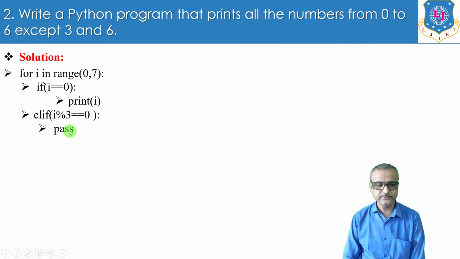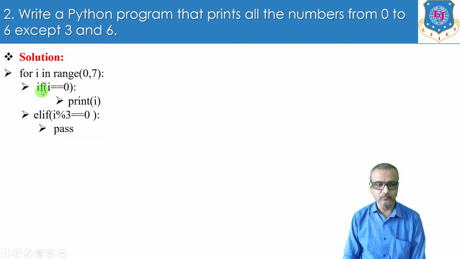Now the pass statement. What will the pass statement do? Whenever the value of i modulo 3 equals 0. Here in our case, the value of i ranges from 0 to 6. So for 0, 3 and 6 this condition is true, so it will do nothing.